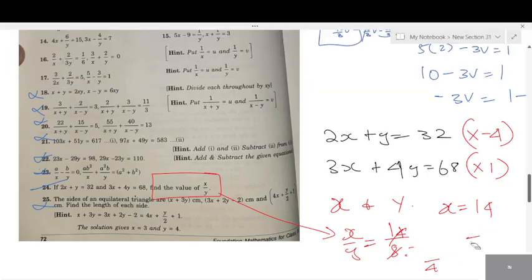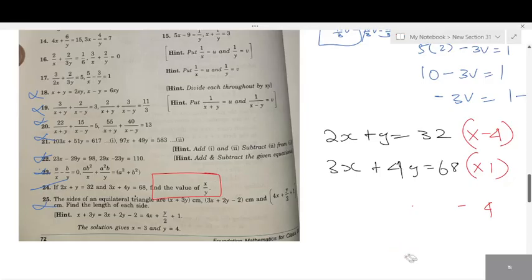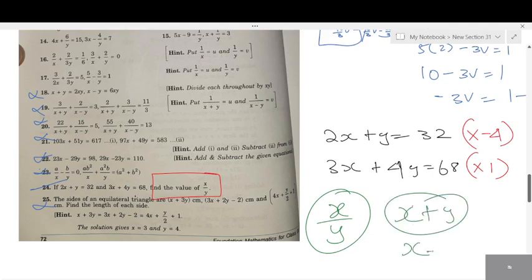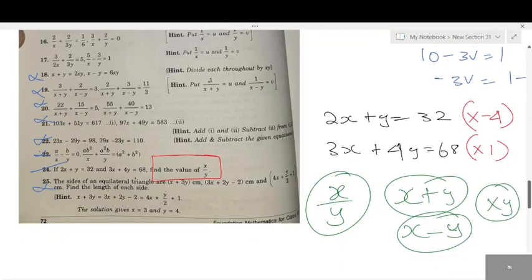You'll get two equations like this. They'll tell you to divide. Understood how to solve? Is it clear, Bhargavi, Ananya? Some questions they'll tell you to add, some to subtract, some to find the multiples of x and y. Just substitute, find the answer. Simple concept. Okay, so this exercise is done.